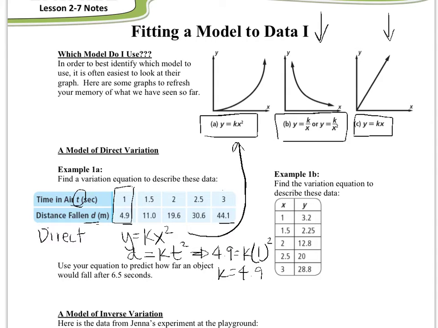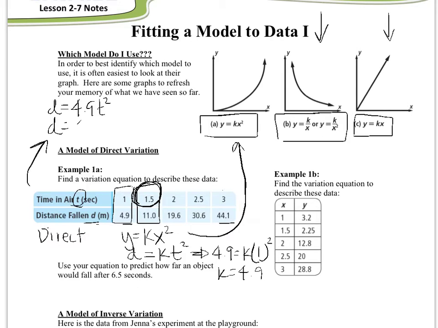Okay, let's test that with another set of data. So let's do 1.5 and 11. I'm going to work up here so I have more room. So I have d equals 4.9 t squared because I solved for k. So I'm going to plug in 1.5 for t.